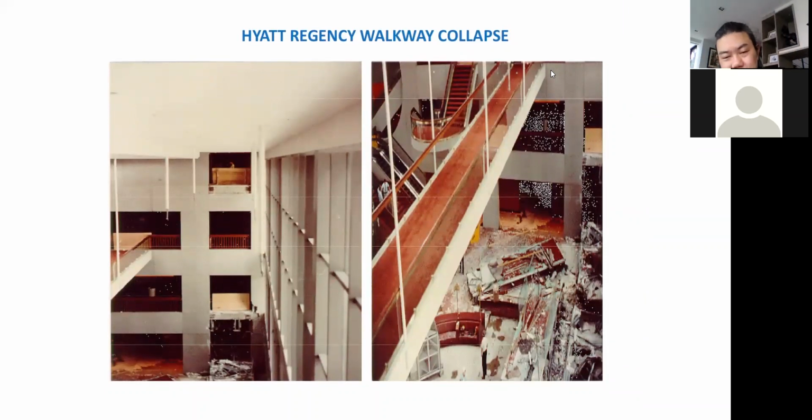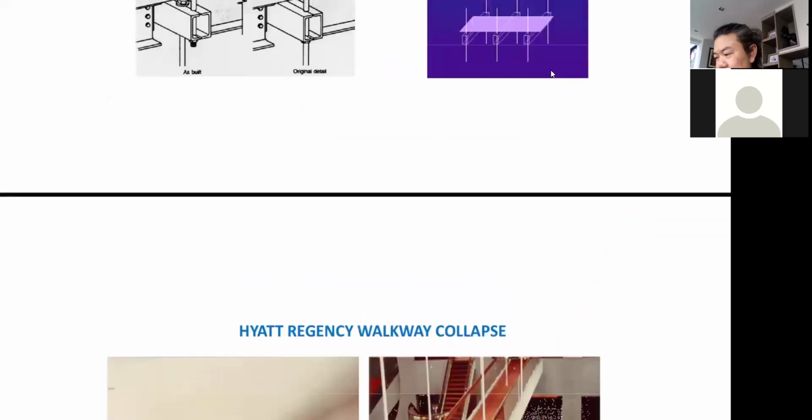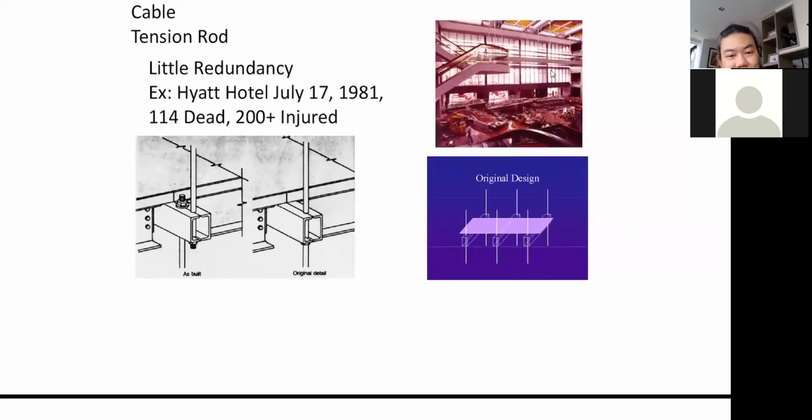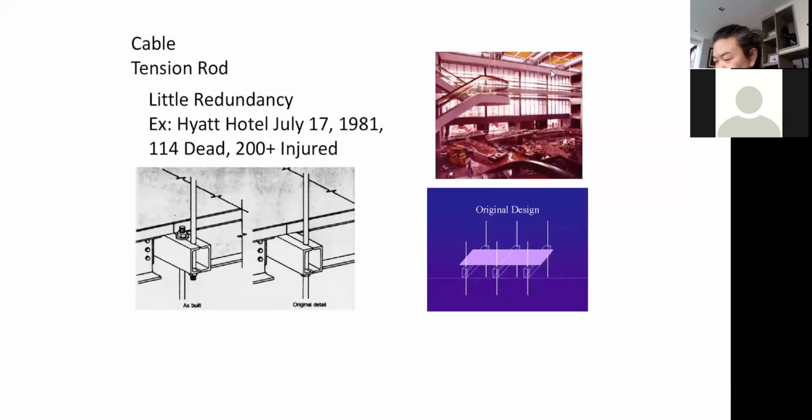Good idea, just suspend the bridge, but then one day it collapsed. And it was found out later that this was the original detail. The tension rod going through the membrane, getting in like that. But during the construction, it was hard to do. So they changed the detail into something like this.